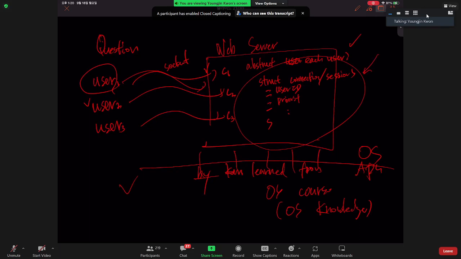Now, what do you want to do? What other things do you start to think about with this connection? Do we need to protect users from each other or not? So how to model protection in your web server? Do you really need to protect users from each other or not?